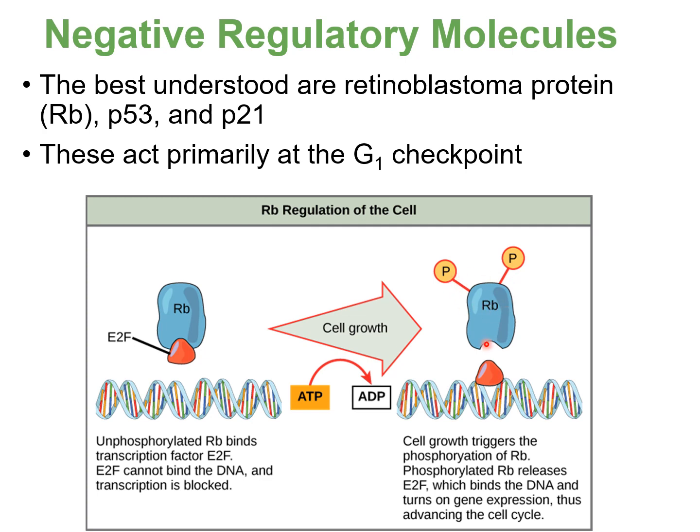And then that's going to release the E2F, which is going to then bind to the DNA and turn on something called gene expression. And that's what's going to get the cell cycle to keep going because we turned it on down here, even though we had to disconnect this. So it's a little bit different, but again, it can stop the cycle at certain points, or have it continue on in a different way.